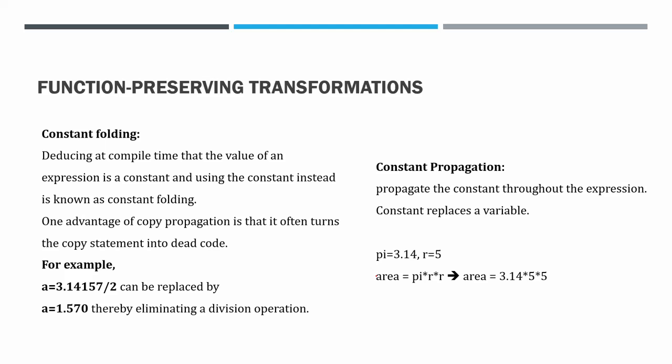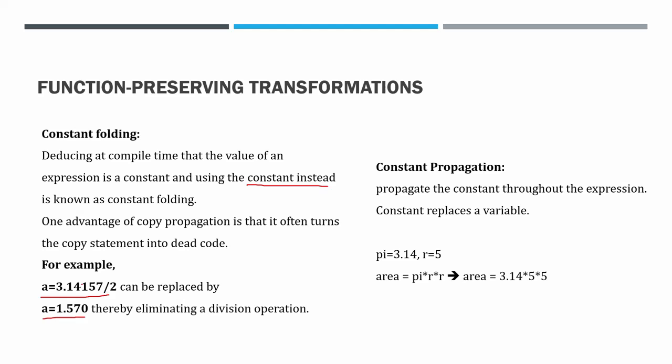Next one is constant folding. Constant folding means deducing at compile time that the value of an expression is constant and using the constant instead. For example, if a is equal to 3.14 divided by 2, this expression can be replaced with a equal to 1.57.